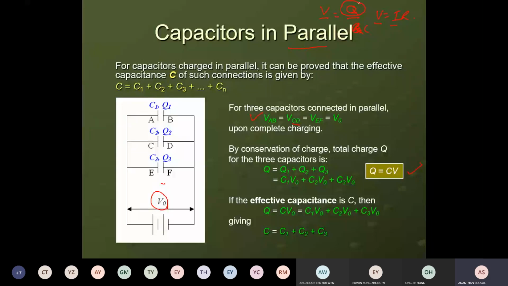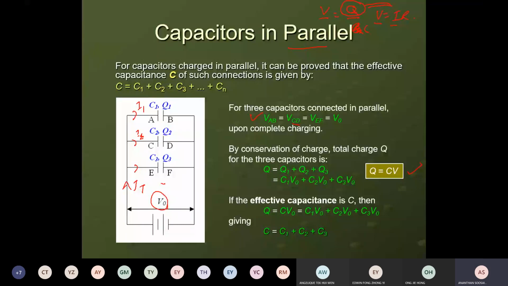Last time it was current; now in this case for capacitors it is charge. You can imagine charge like current. You can draw an analogy of charge to current. That means in parallel the current will split, right? The main total current, when it comes to the junction, splits.